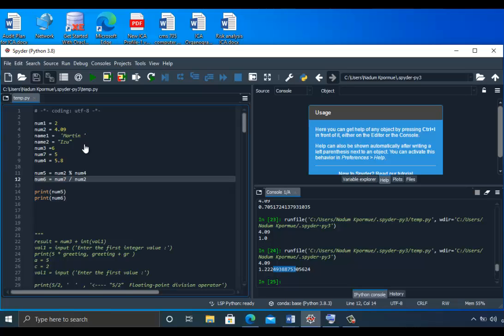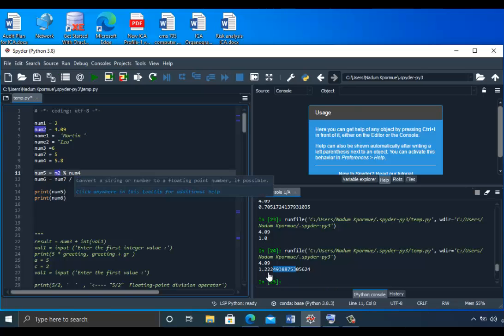Because there are times in your programming where you would use these operators. They are handy, especially in addition, especially in multiplication, especially in summation, or subtraction, as the case may be.